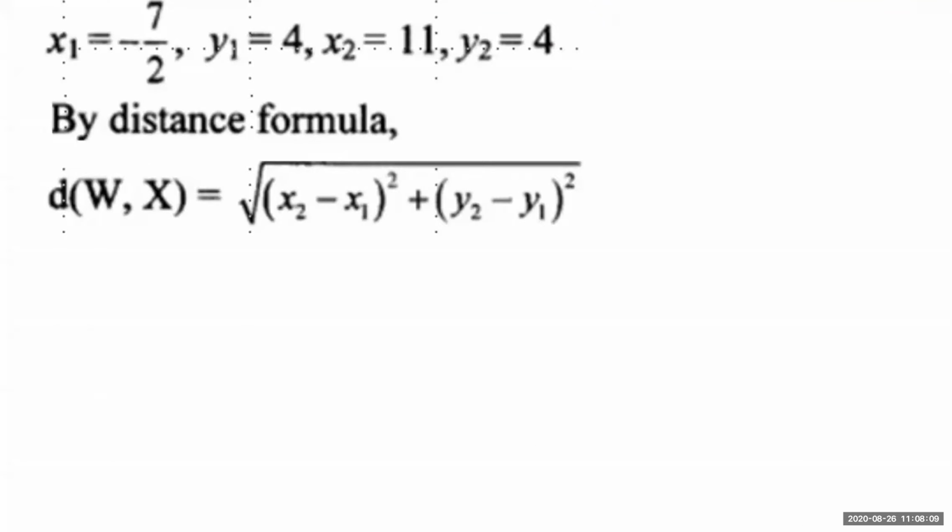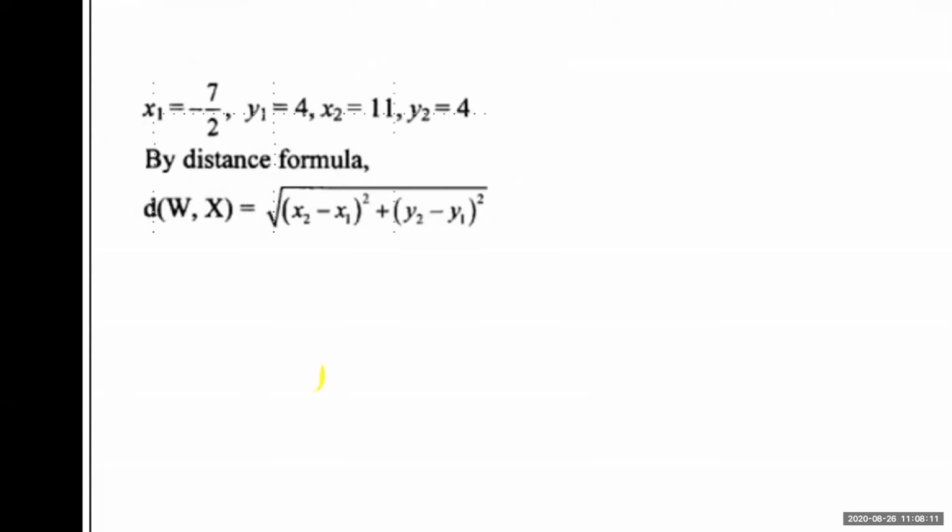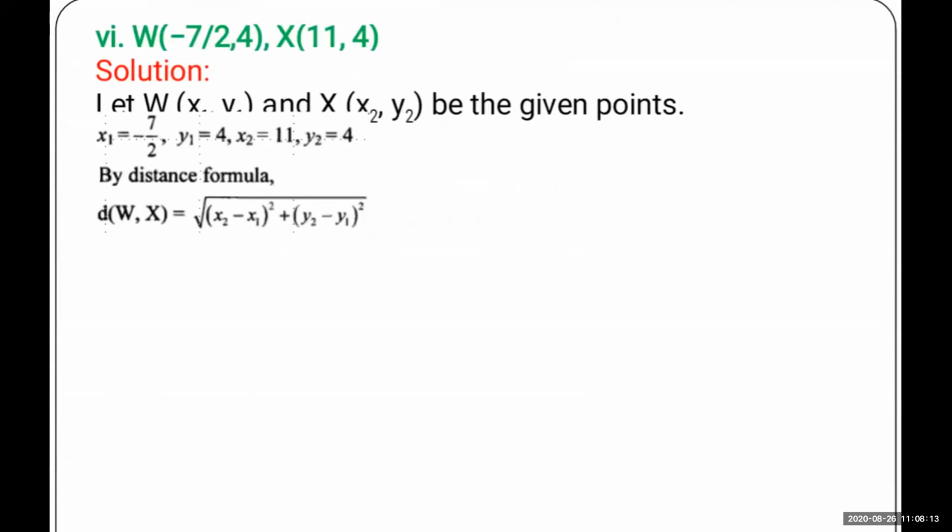Let's start now by substituting the value. Okay. Now we will substitute the value. So we know that distance WX is equal to root 11 minus 7 upon 2, and then whole square plus 4 minus 4, because y2 is also 4 and y1 is also 4.